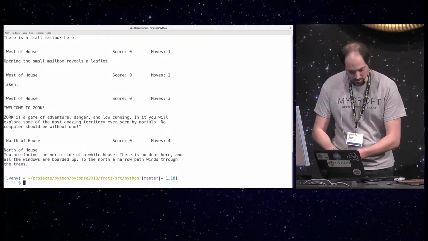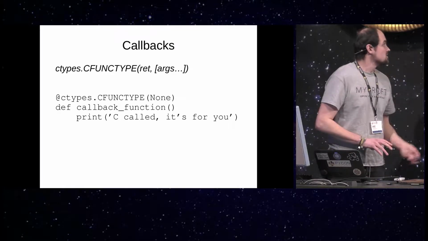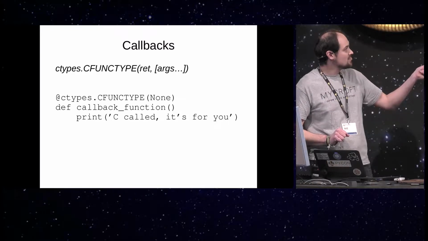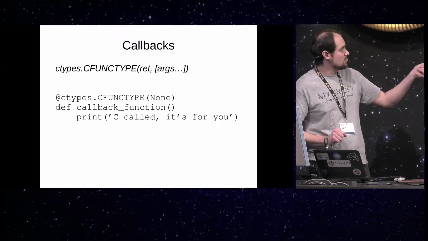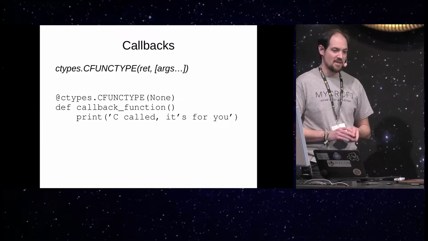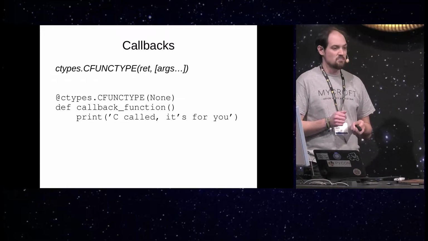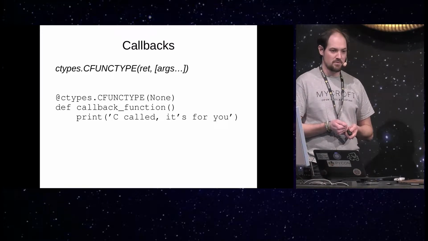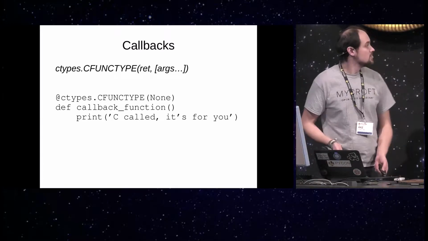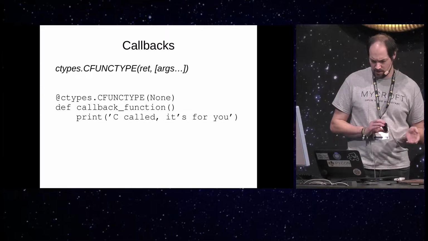So when you create a CFUNCTYPE, if you don't use a decorator, you will need to keep a reference to it in Python, because if you only send it into the C world, Python will promptly say, oh, this isn't used anymore, let's get rid of it. So, yeah. Okay.